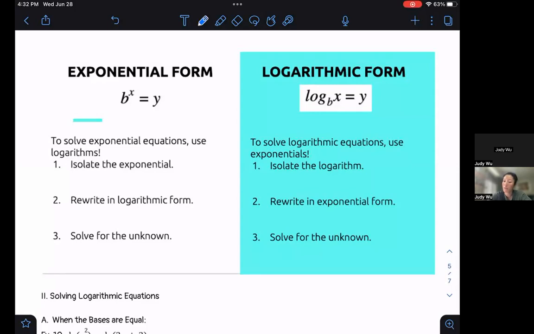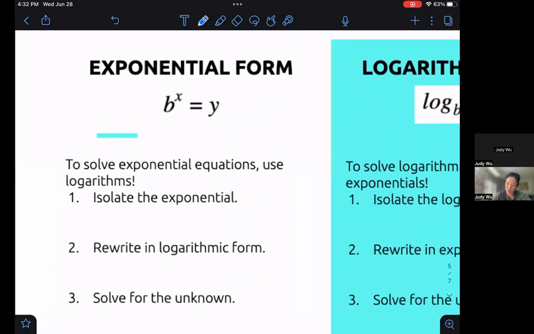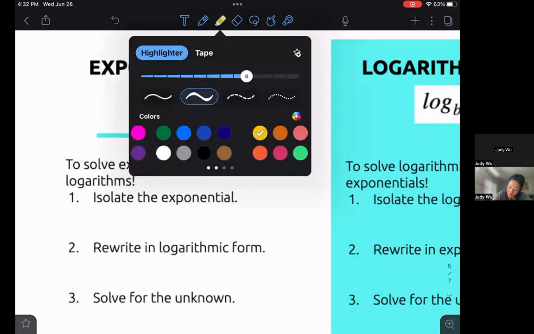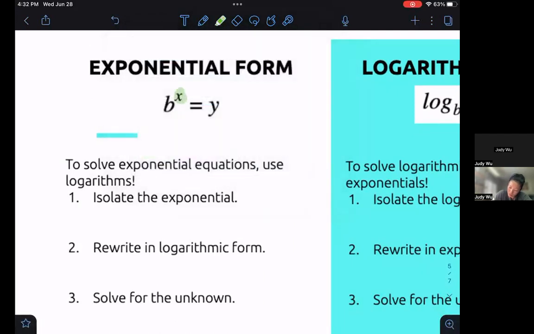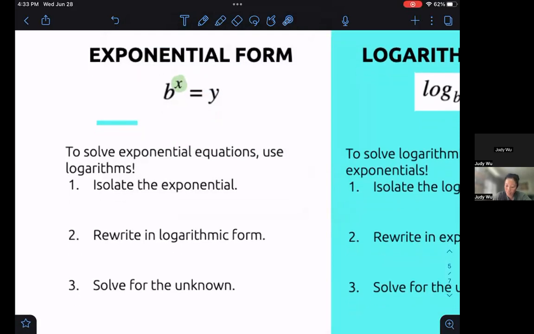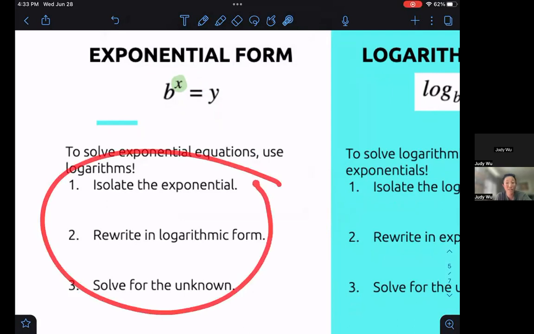All right. So let's start with this diagram at the top with our exponential form. Anytime we have b to the x equals y, the thing we want to find is in the exponent. Then here's where I feel like a salesperson: we can do this in 3 easy steps.